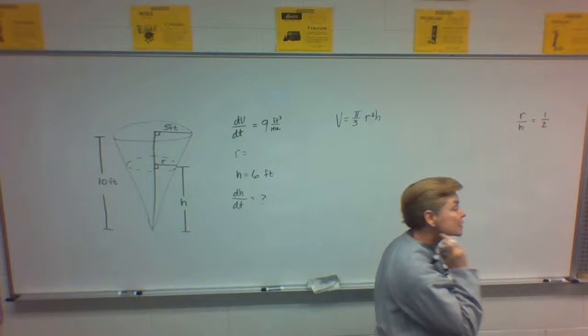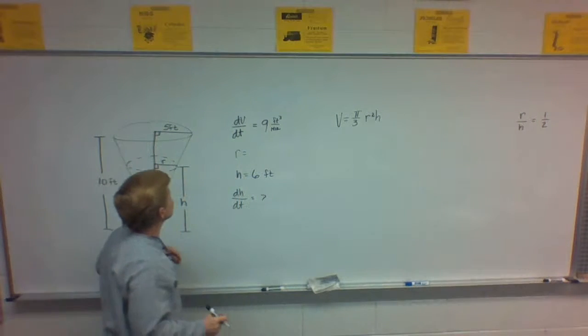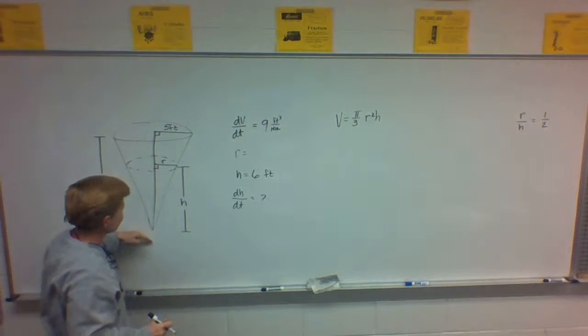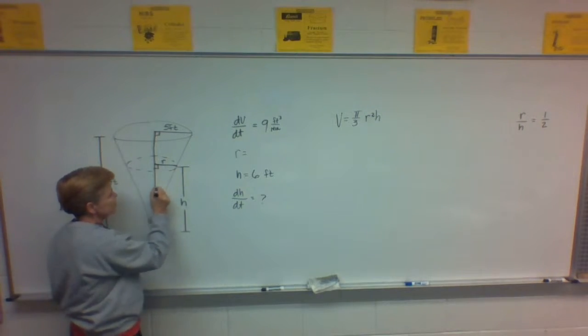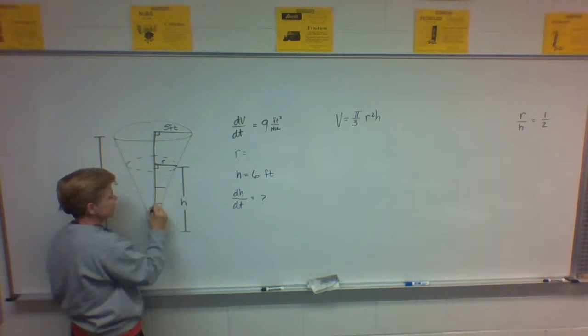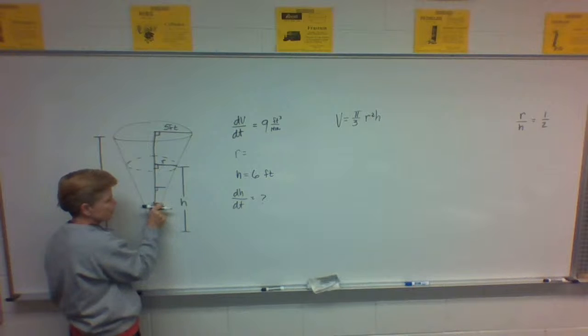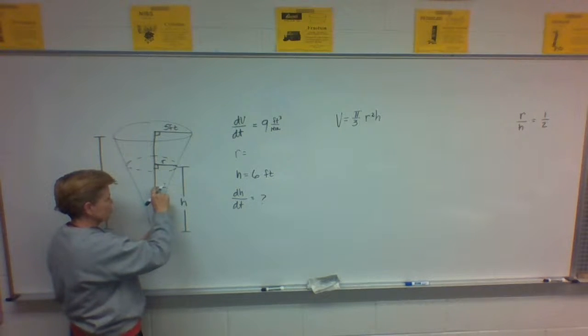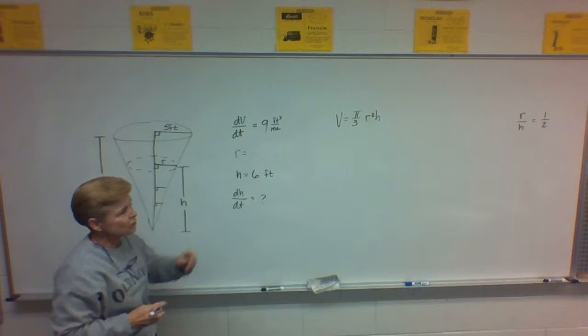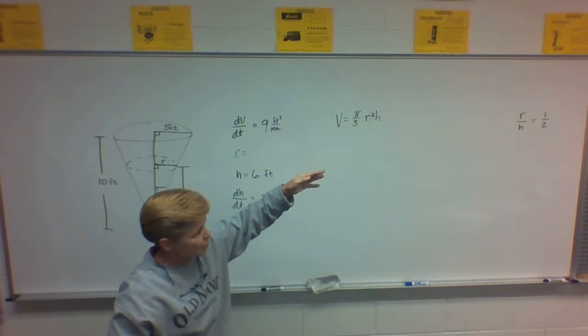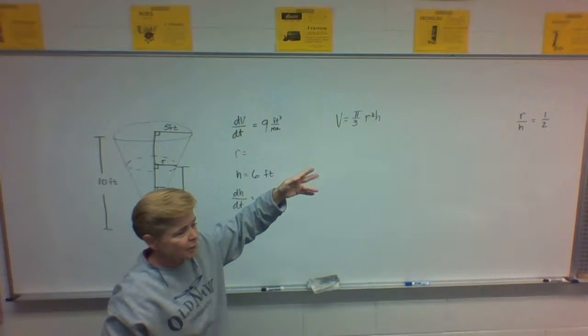Yes. It has to, because this radius and this height are in a ratio of 1:2. And any similar triangle that you draw, I don't care how full the thing is, is going to have a right angle here. Whatever this height is, total height, will compare to that radius of water, if it's that full, 2:1. So I don't know what it's going to be, but I know that R compares with H in a ratio of 1:2 if I put R on top. You follow me or not?